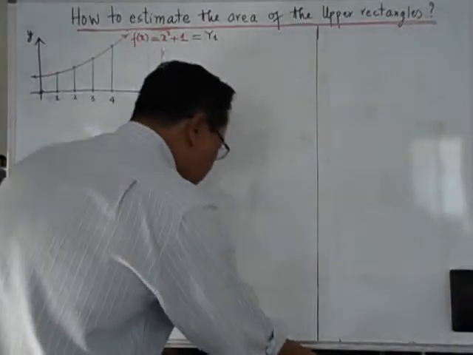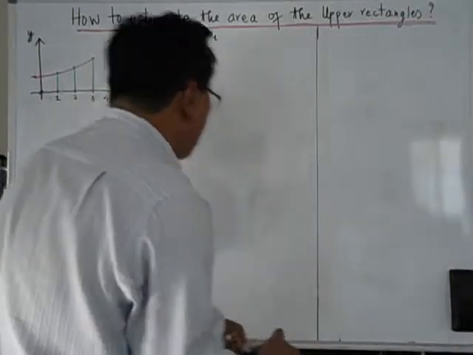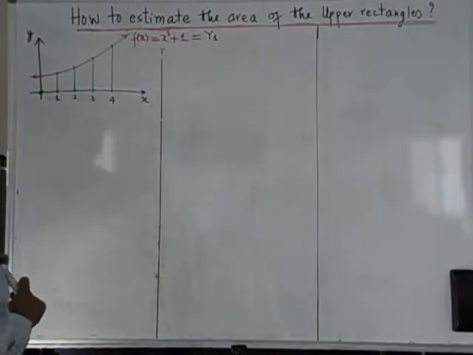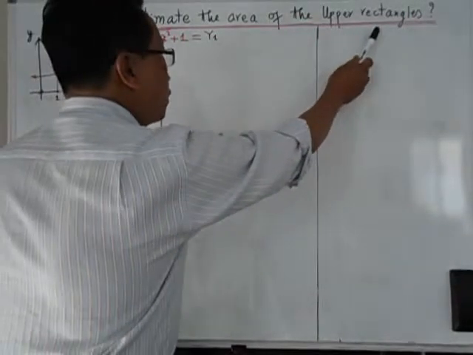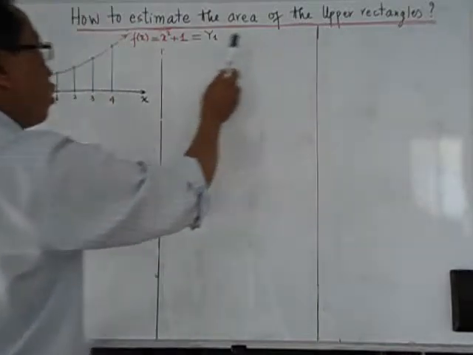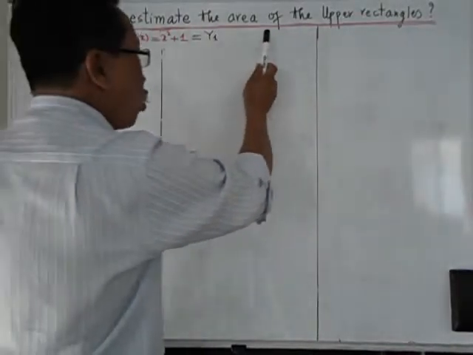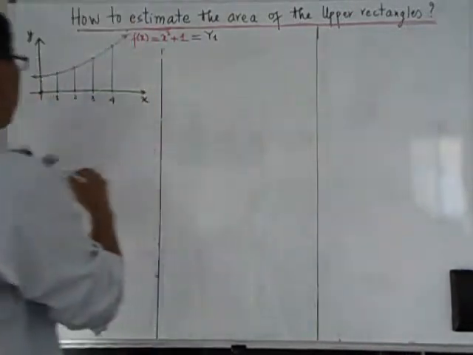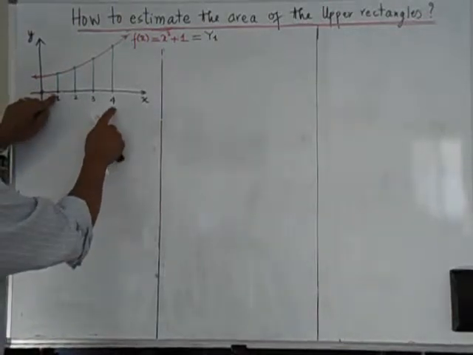So now, how do we estimate the area of the upper rectangle, or the area of this region from 1 to 4?